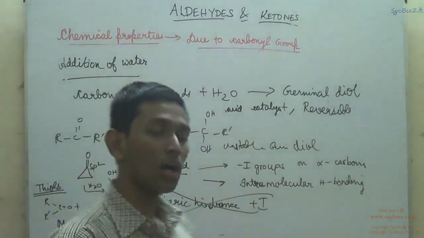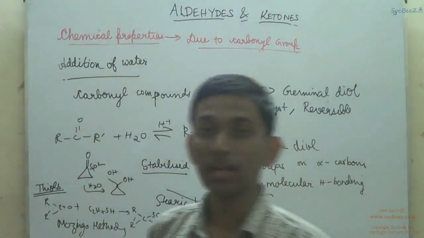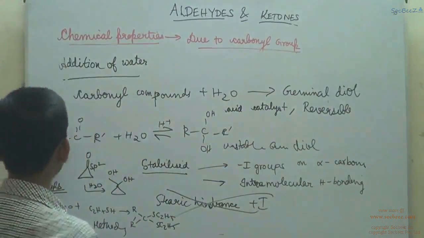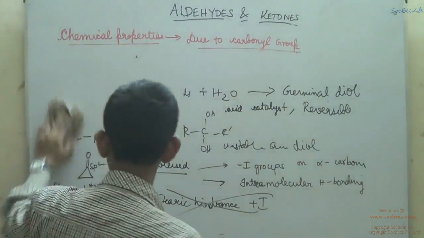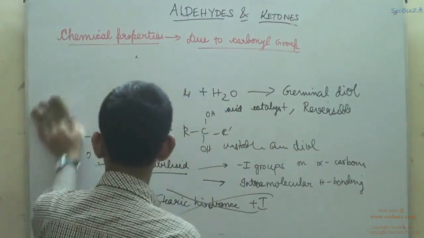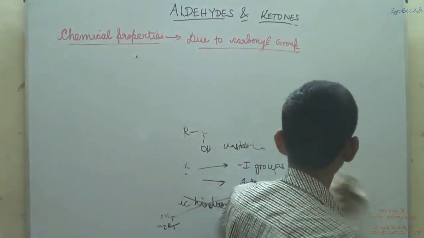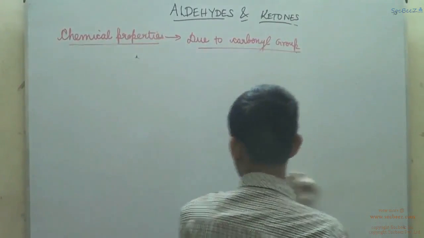You can protect a particular carbonyl group using either formation of ketones as explained before, or you can also protect it by addition of thiols and again treat it back to get back the carbonyl compound. Okay, so thiols are also used as protecting groups.